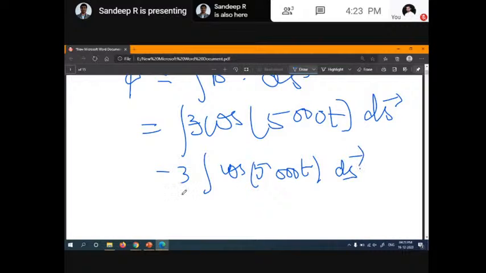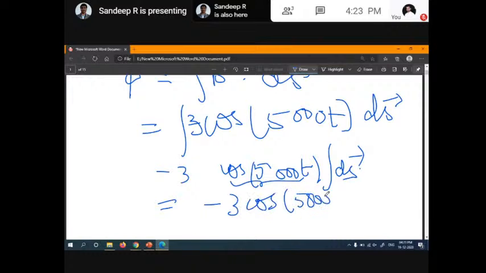Here you can observe minus 3 cos of 5000t is constant, so you can take it out of the integration. The integration is only with respect to ds, which gives the total surface S. So this is the expression for phi, which is equal to minus 3 cos of 5000t into S.